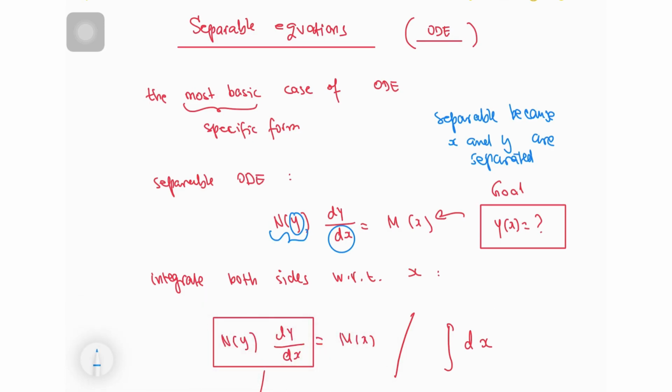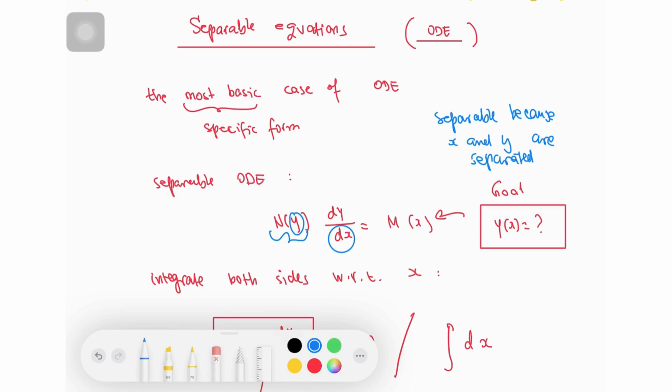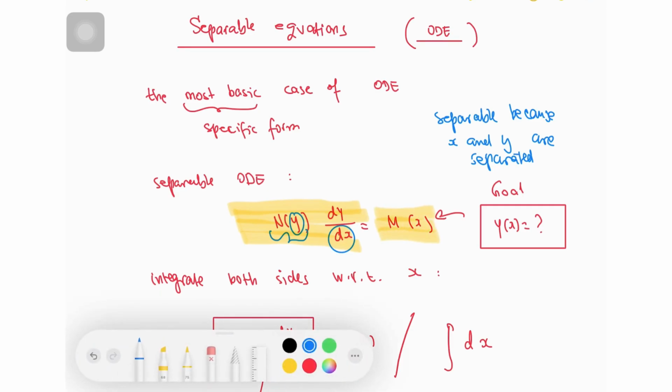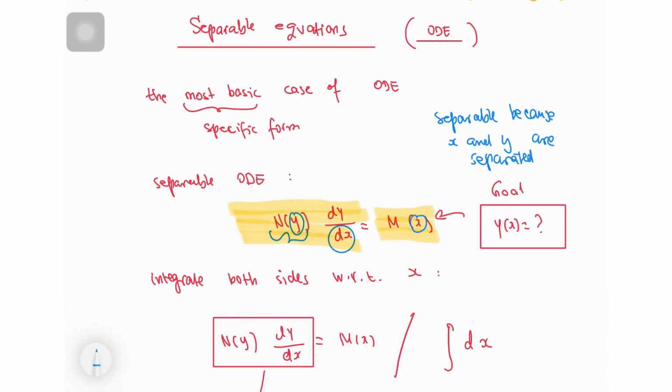The general form that we have is n of y dy over dx equals m of x. So you can notice that on one side we have the function which is of y, and on the other side is only the function of the variable x.